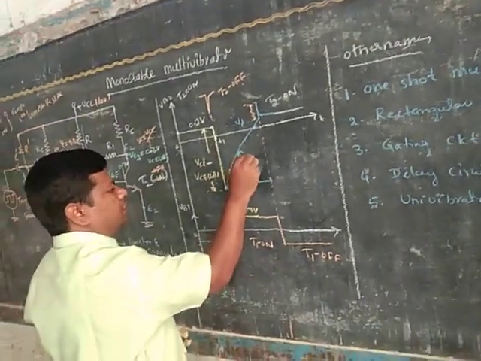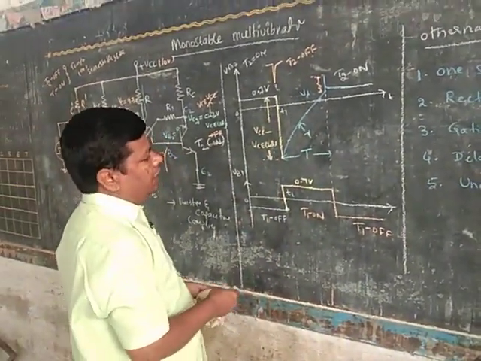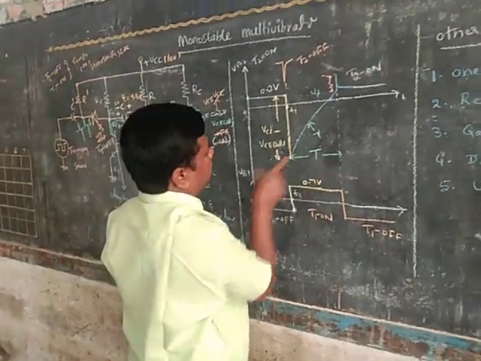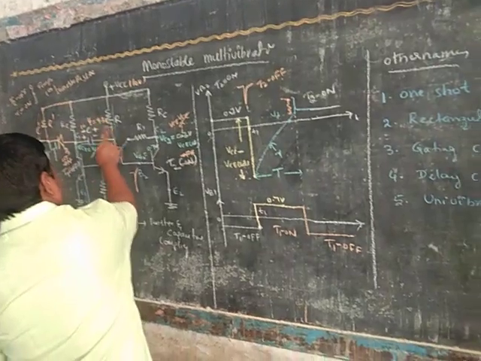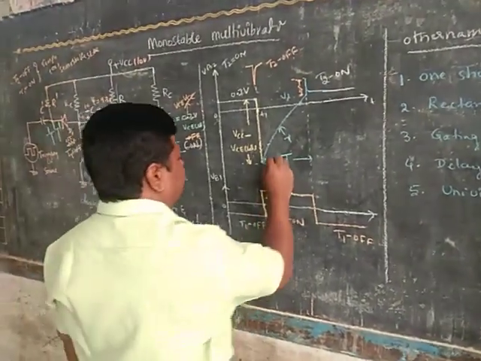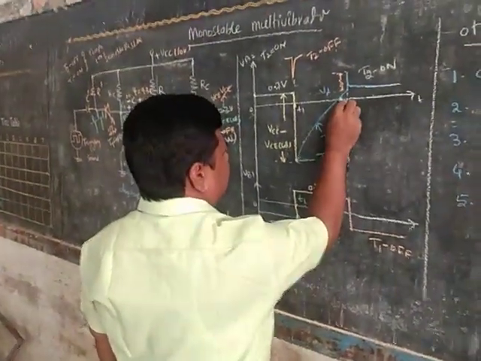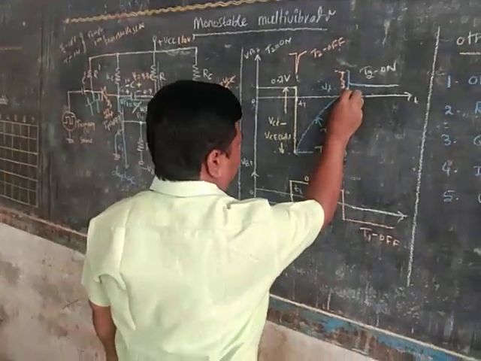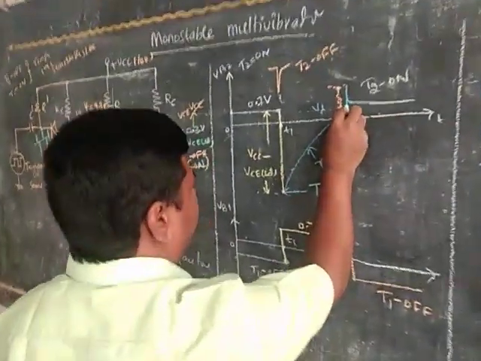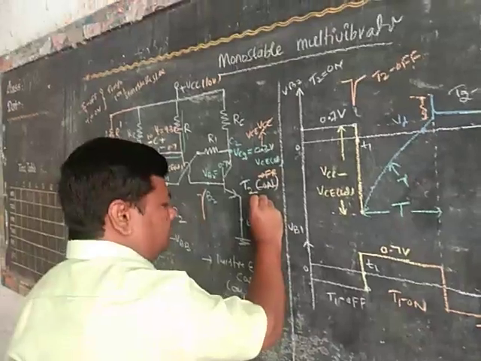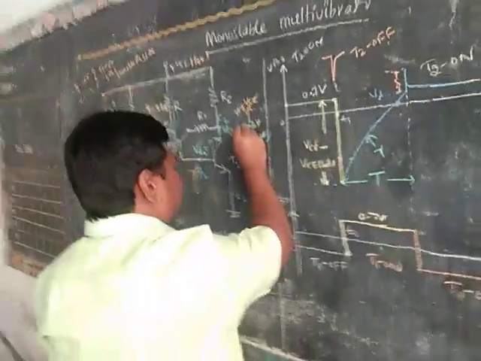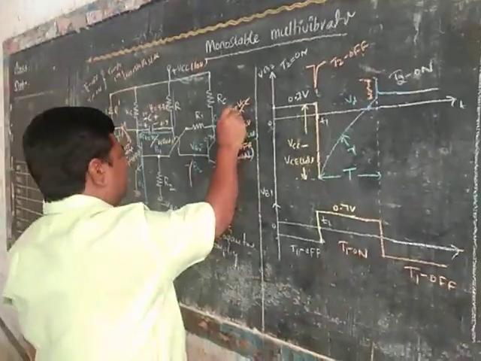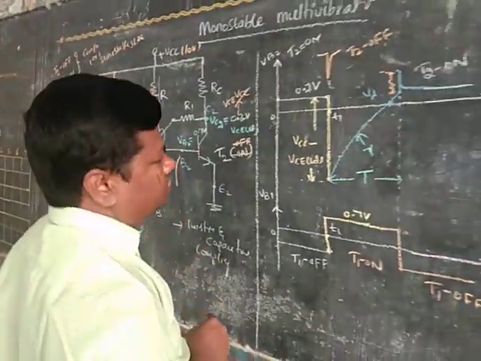This time interval depends upon the RC element in the circuit. As the capacitor slowly discharges and charges with reverse polarity, when it reaches the cut-in voltage, immediately the T2 transistor enters into on, and its collector voltage VC saturation is not enough to drive T1, so T1 enters into off.